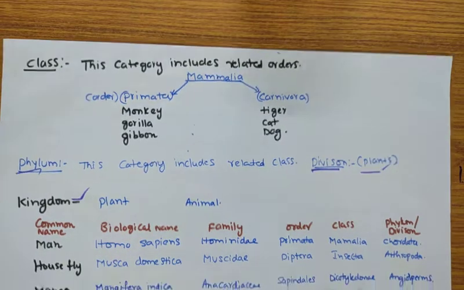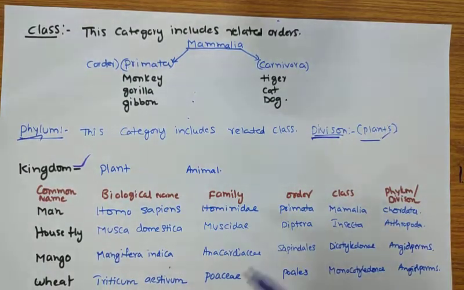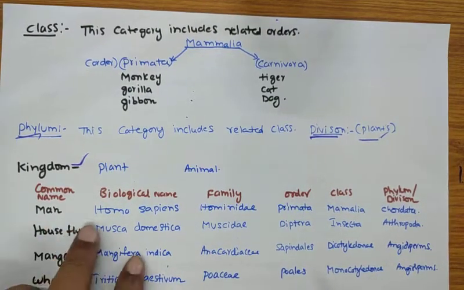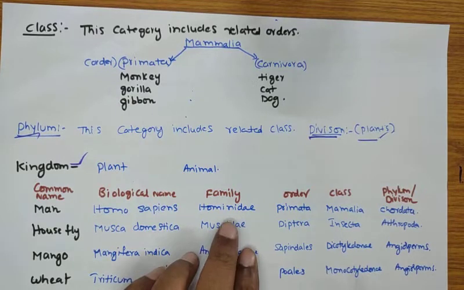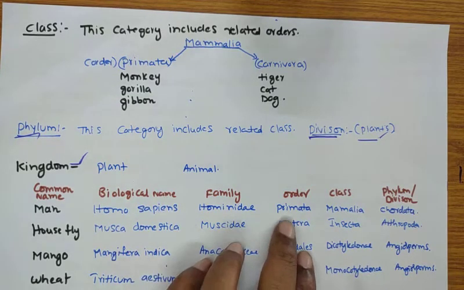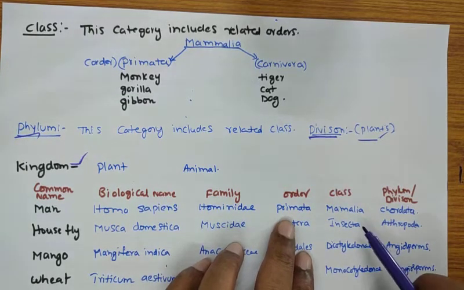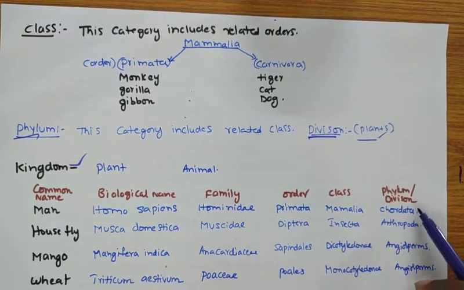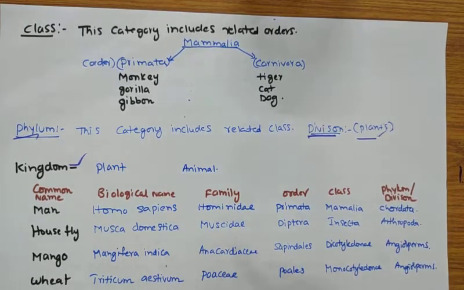Look here, some examples of plants and animals are there. Common name man: Homo sapiens, family Hominidae, order Primata, class Mammalia, phylum Chordata. Housefly: Musca domestica, family Muscidae, order Diptera, class Insecta, phylum Arthropoda.